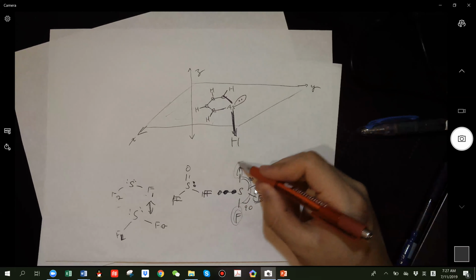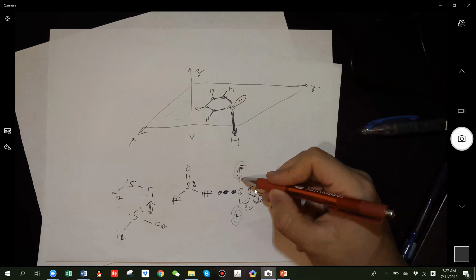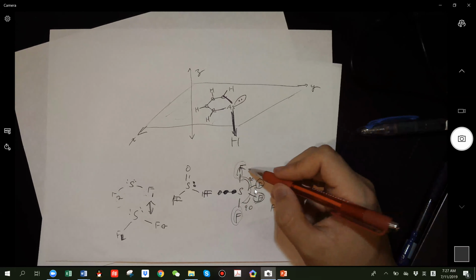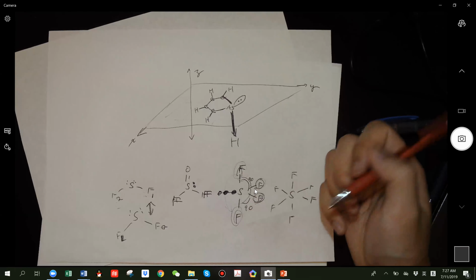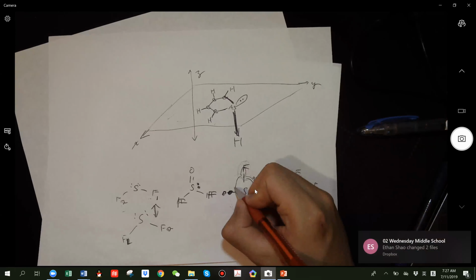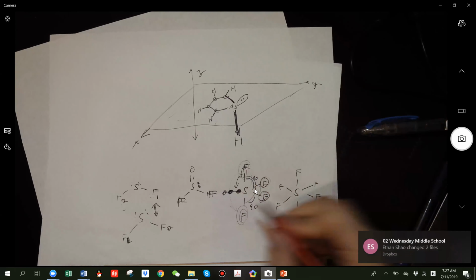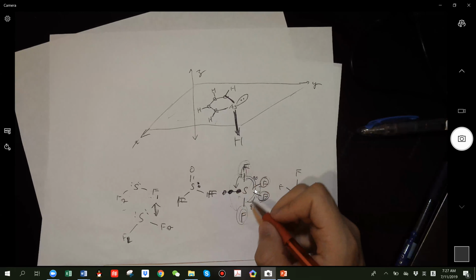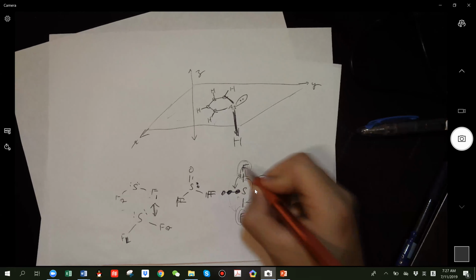However, this one is different because it's 90 degrees to both of these, but it's 180 degrees from here. So this one's a bit different. And of course, this one also is 90 degrees away from the lone pair, while these ones are 120 degrees away from the lone pair. So these two positions are different, okay?